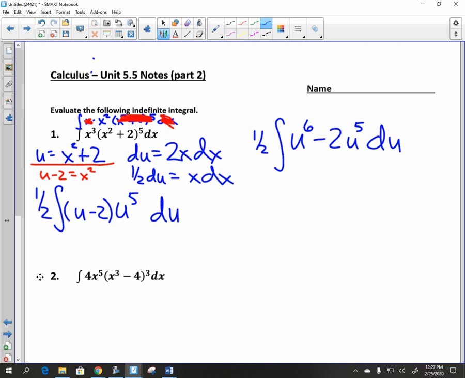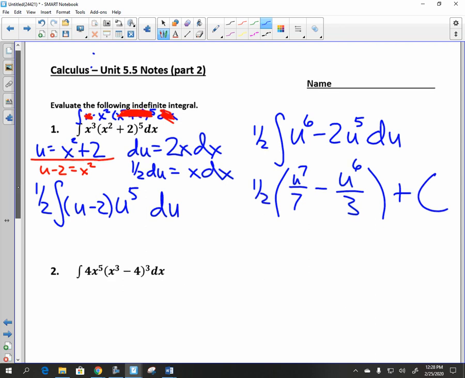Now it's a piece of cake, isn't it? 1/2 times antiderivative u to the 6th, minus antiderivative 2u to the 5th. Yep, u to the 6th over 6. Plus a constant. I got to multiply through by that 1/2, don't I?